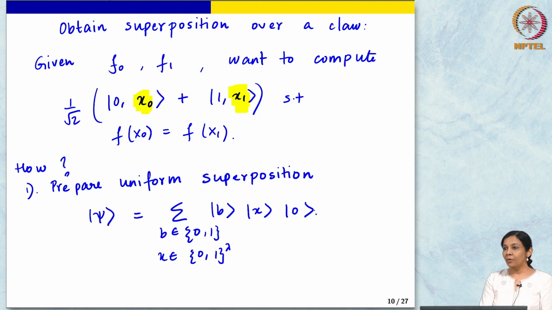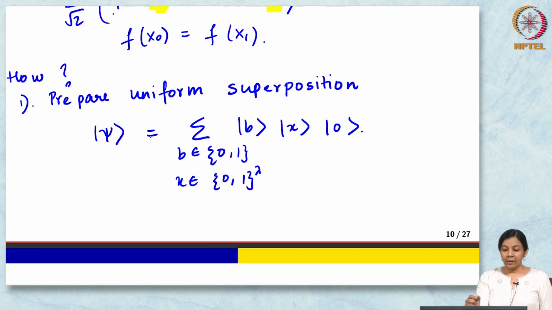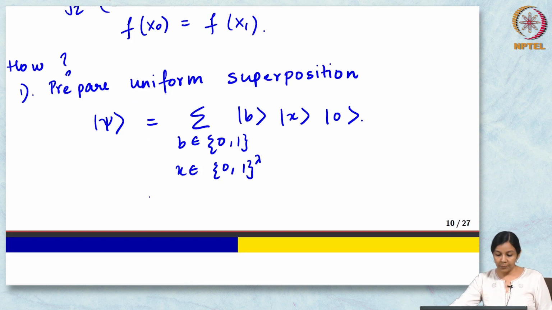It is the summation over all bits b and all strings x of lambda bits, |b, x, 0>. So step 1 is to prepare this uniform superposition.